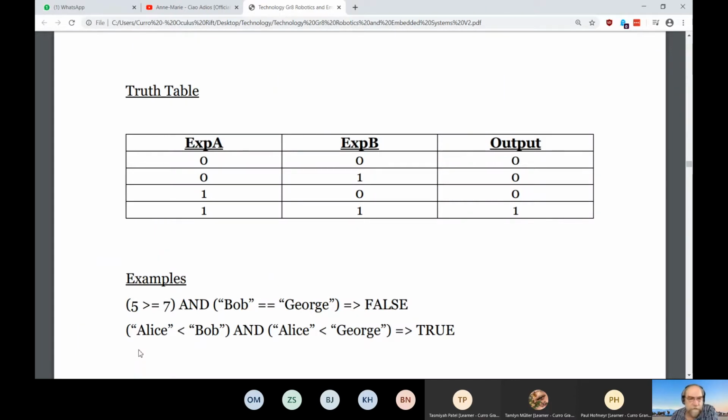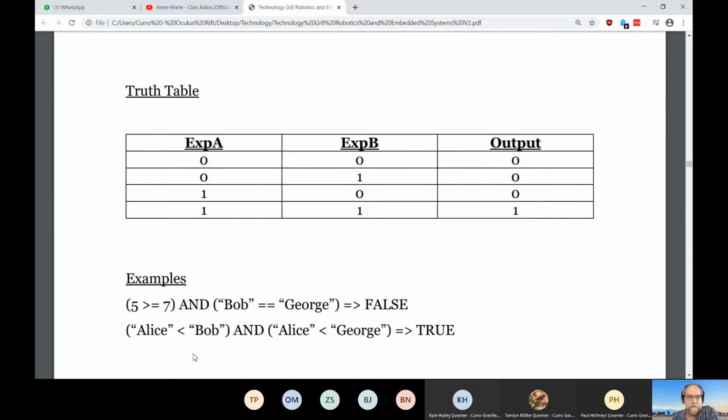Let's try this other example. So we're saying here that Alice is less than Bob. Now, this is important. The answer to this is yes, true, because a computer treats capital A as less than capital B. Each letter in the alphabet gets given a number, and the number for capital A is less than the number for capital B. So a computer can evaluate this, and it does it all the time when we do things like sorting and searching.